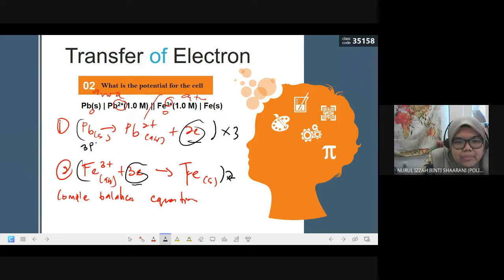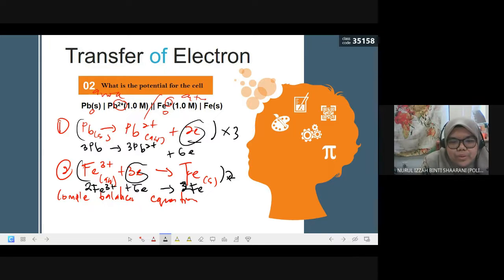So you have 3 Pb, 3 Pb2+ plus 6 electron. And then same goes to the other half equation: 2 Fe3+ plus 6 electron to 2 Fe.